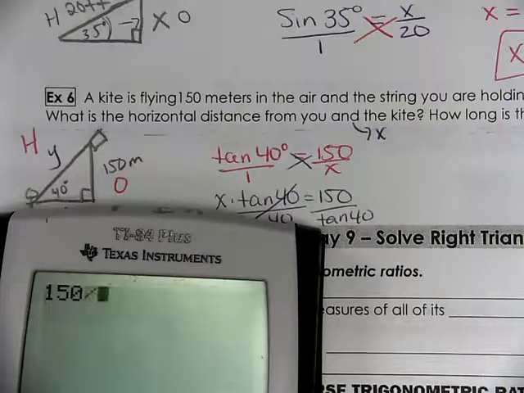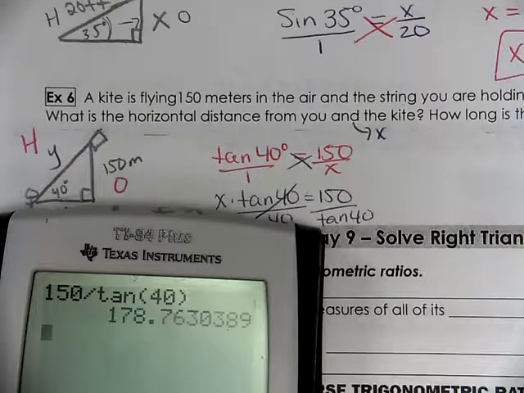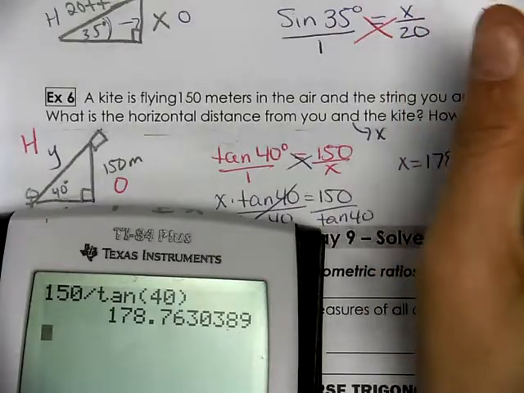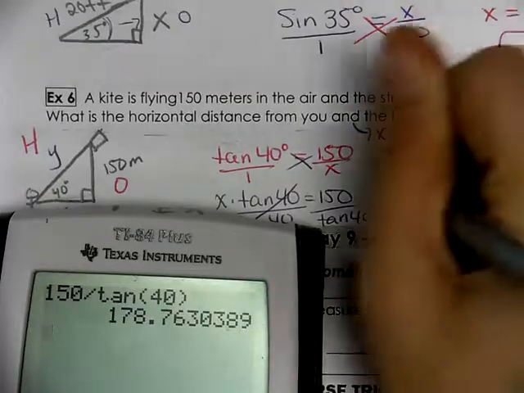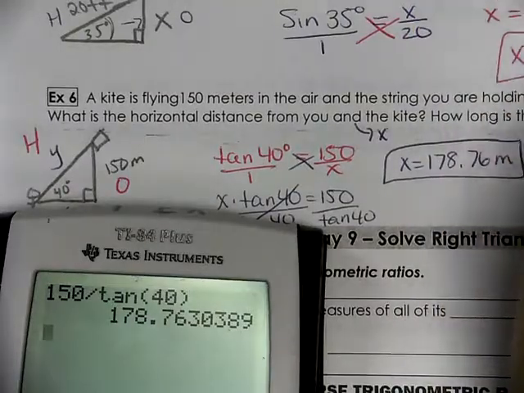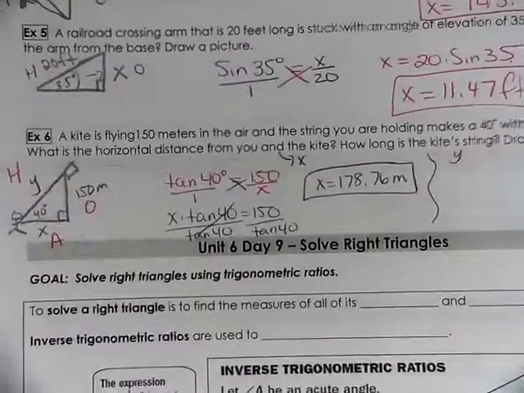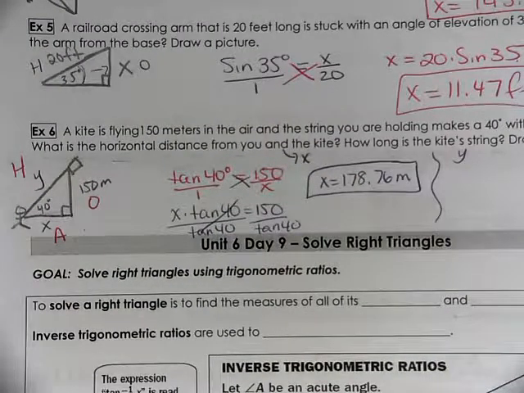So 150 divided by the tan of 40 is 178.76 meters. So that's the horizontal distance from me to the kite, like on the ground.